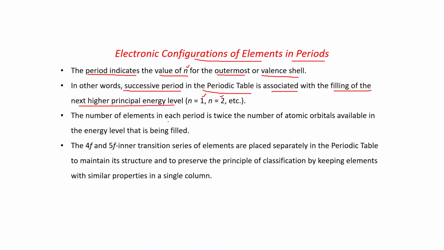The number of elements in each period is twice the number of atomic orbitals available in the energy level that is being filled.